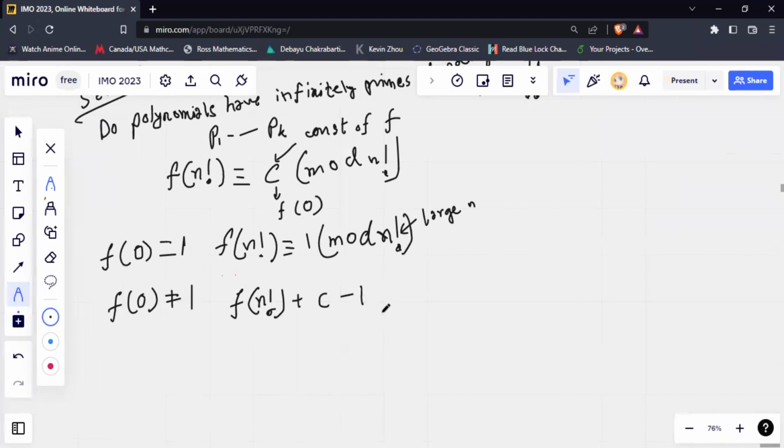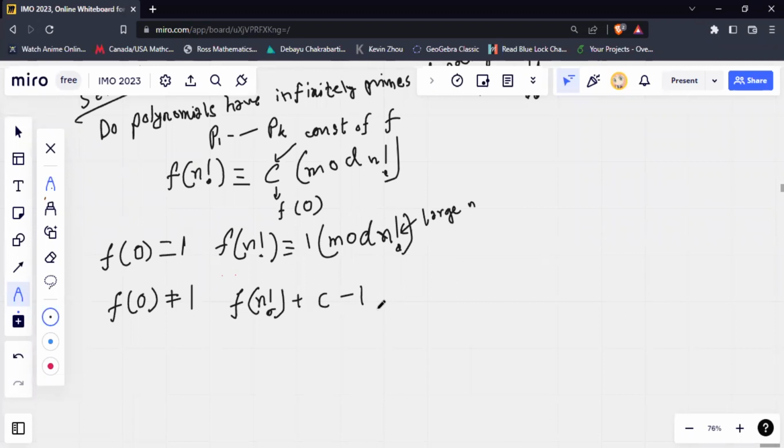If this polynomial had a finite amount of primes dividing it, it would be a contradiction. Yes, so you're done, I guess.